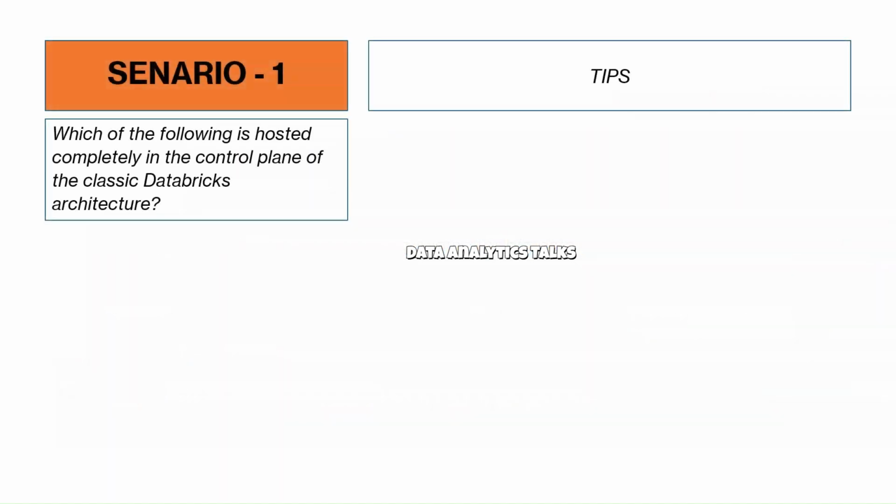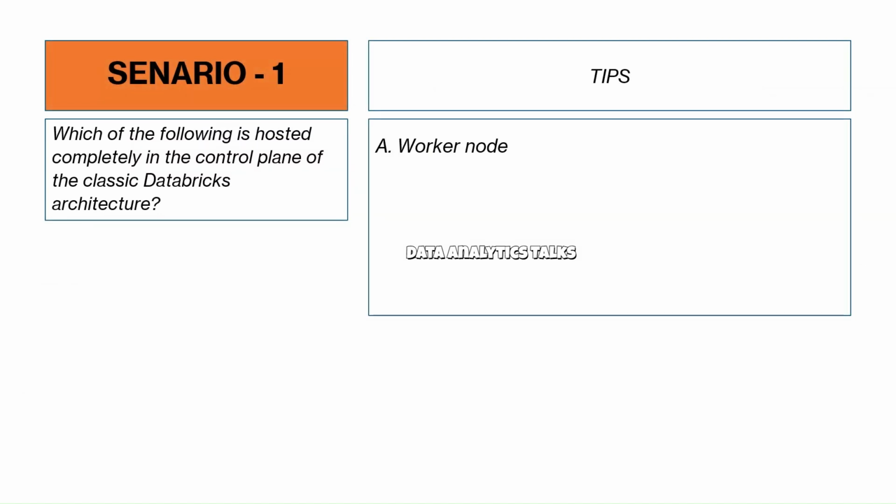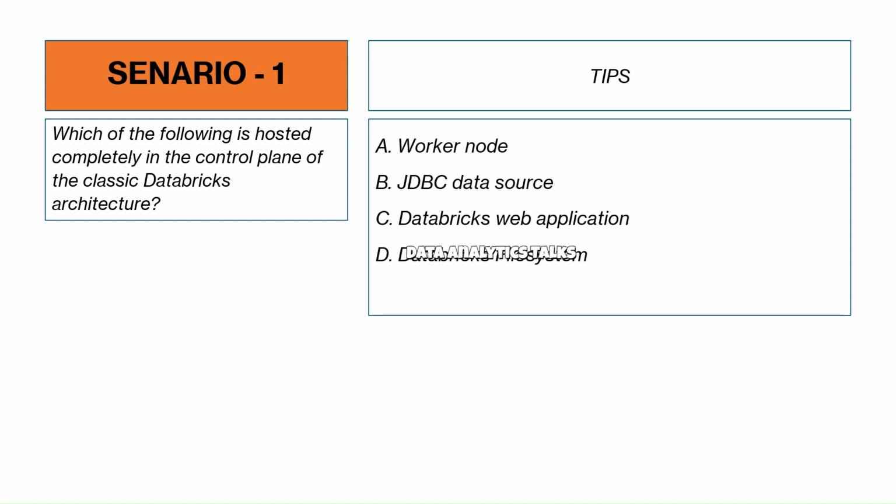So the first scenario: Which of the following is hosted completely in the control plane of the classic Databricks architecture? Let me give you some tips. The options are: the worker node, JDBC data source, Databricks web application, Databricks file system, and driver node.